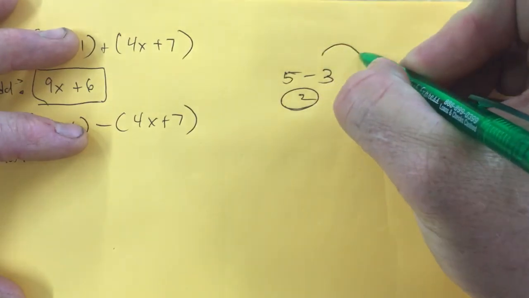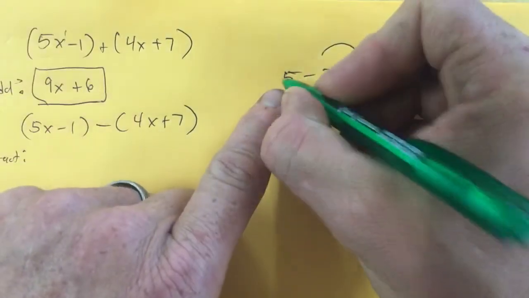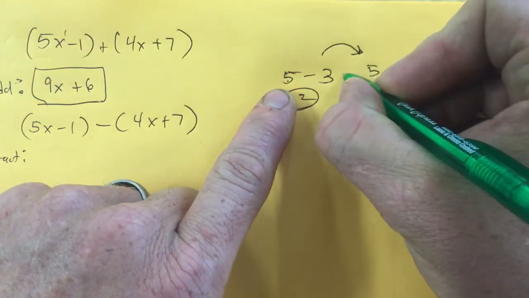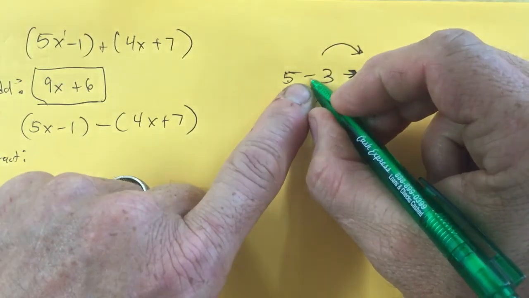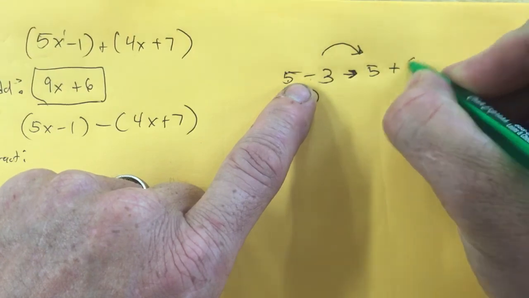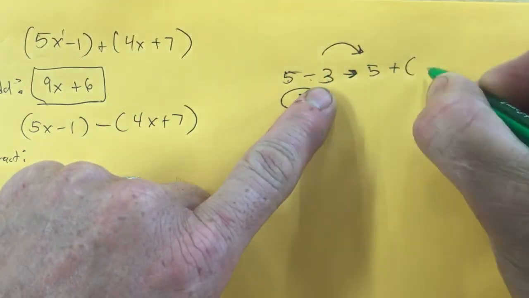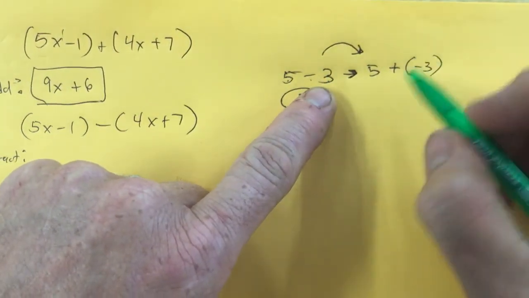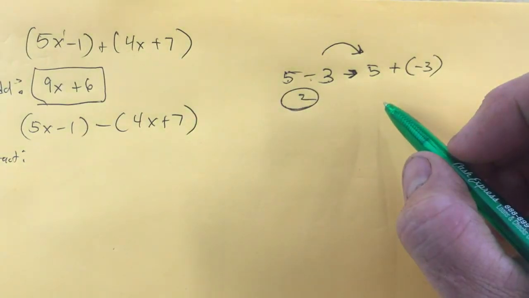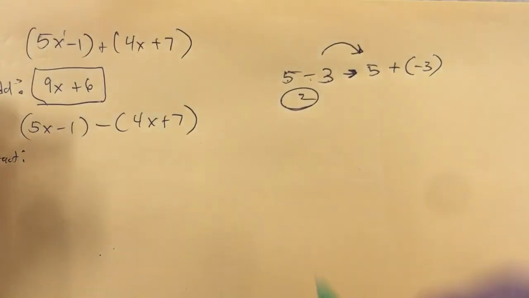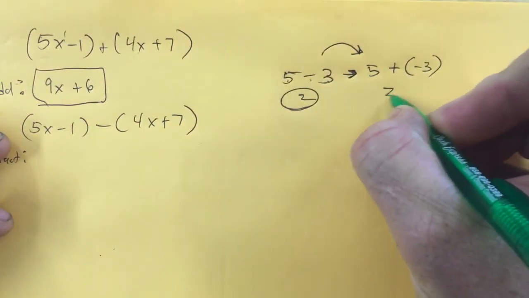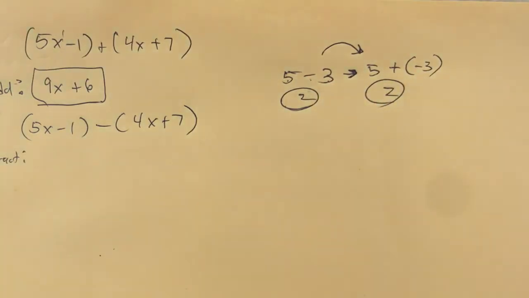But we can change this to addition: I change from subtract to add, and then I add the opposite of 3, which is -3. 5 plus -3 is the same exact thing. So we're going to add the opposite, and that still is 2.